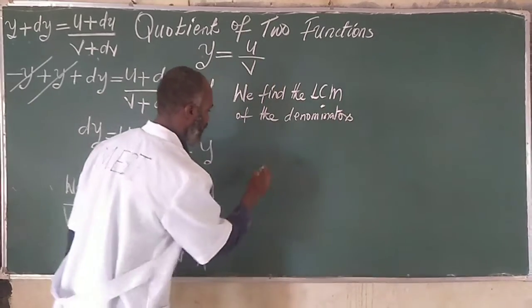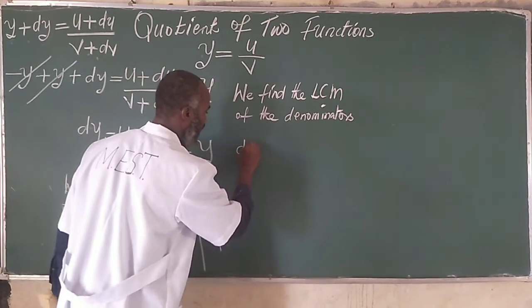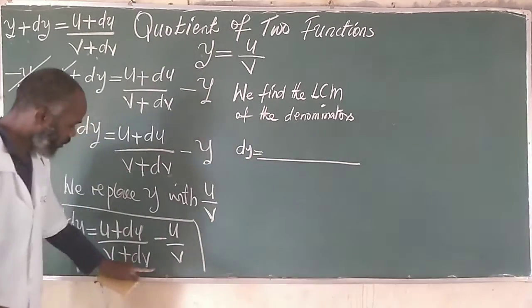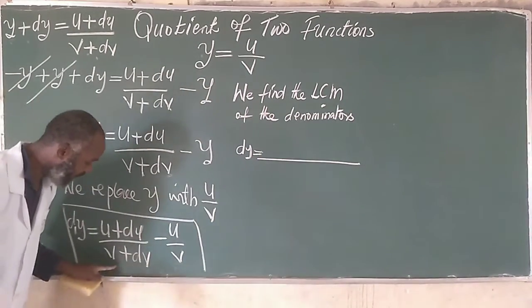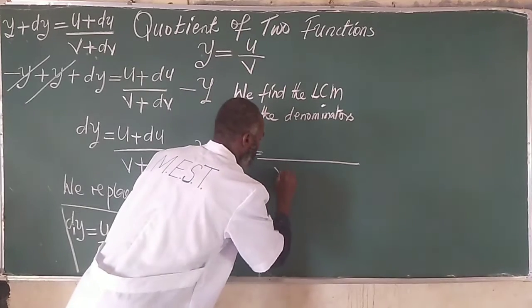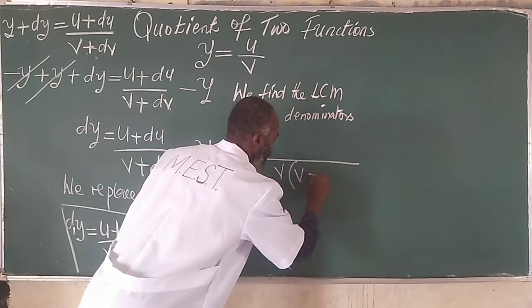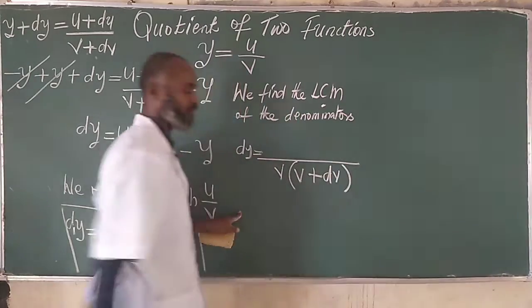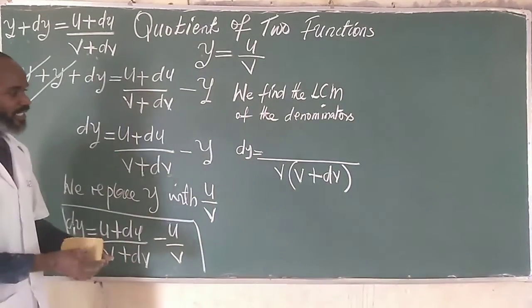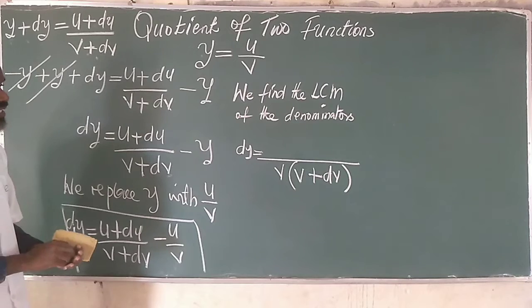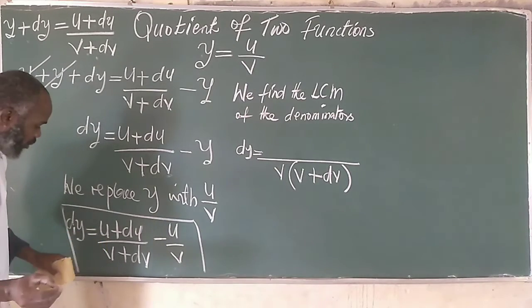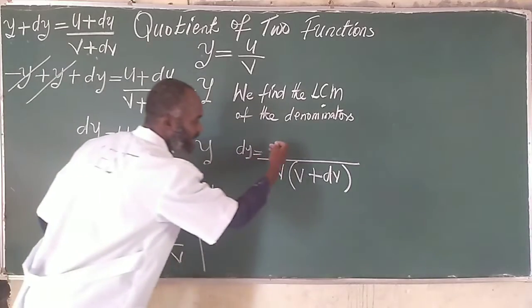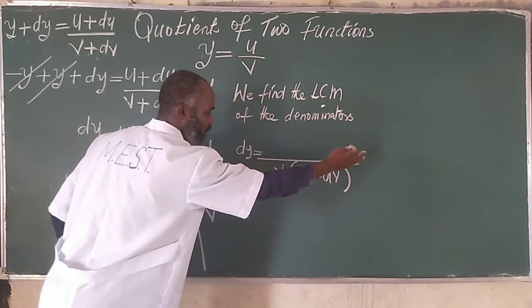Okay, so the LCM of the denominators is going to be, watch, v multiplied by v plus dv in brackets. So now we have found the LCM. The next thing is to simplify further to find the numerator.